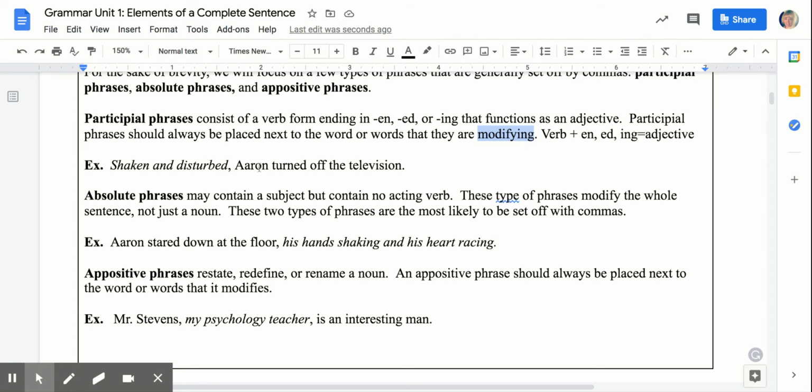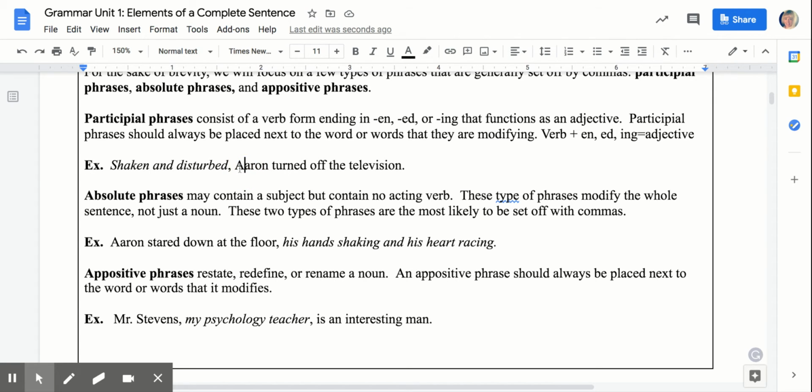We get more information about a word or words in the sentence. So shaken and disturbed, Aaron turned off the television. We get more information about this word Aaron. What do we find out about him? He was shaken and disturbed.